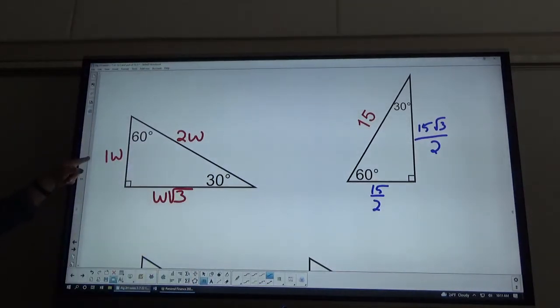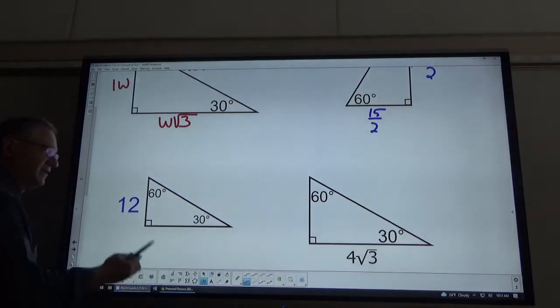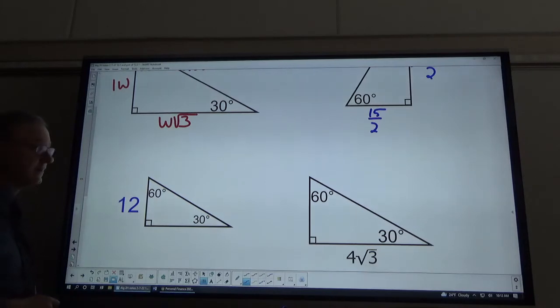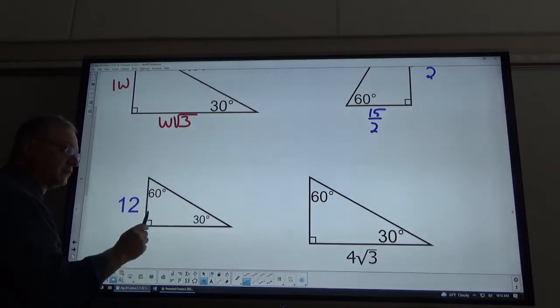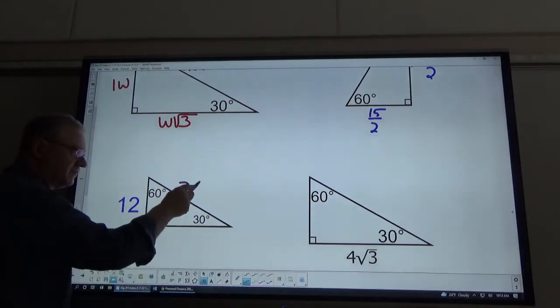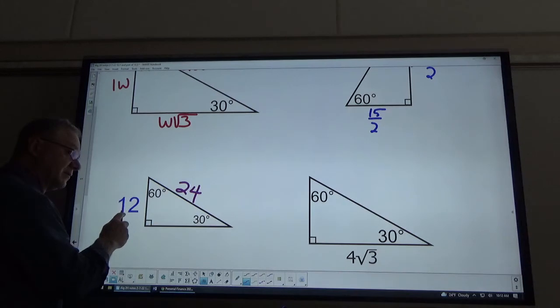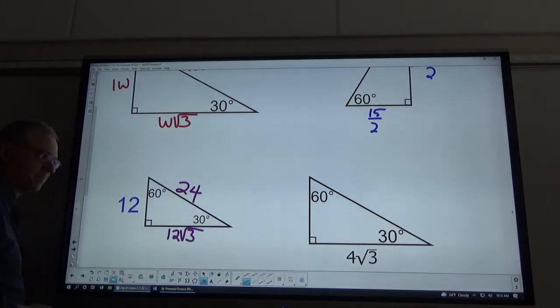Let's take a look at some other possibilities. What if we're given that this side, which is the 1w side, is 12, then the 2w side would be 24. The w square root of 3 side, remember w is 12, so 12 square root of 3.